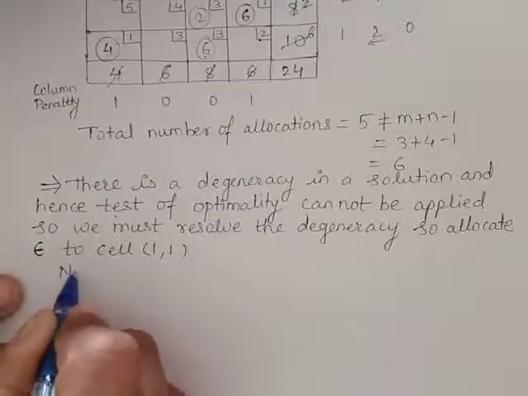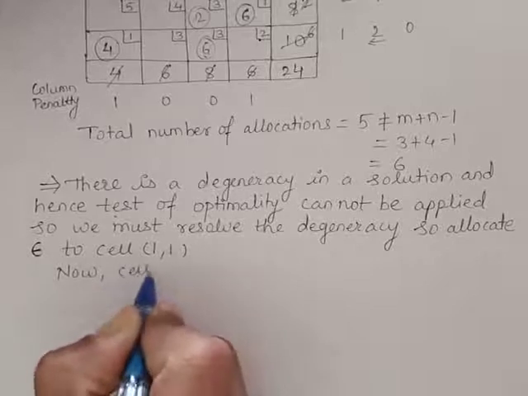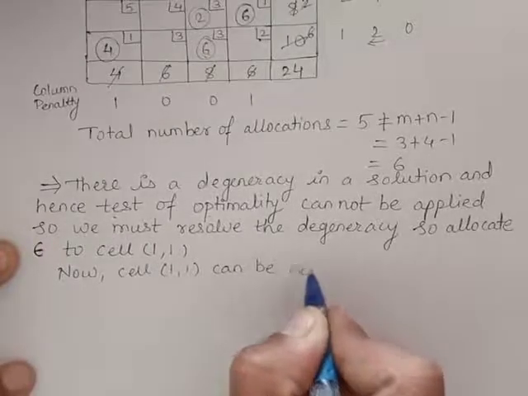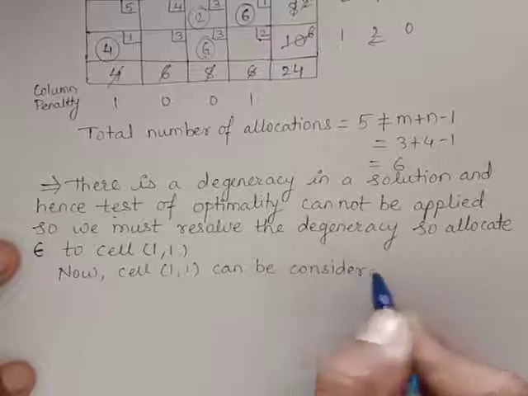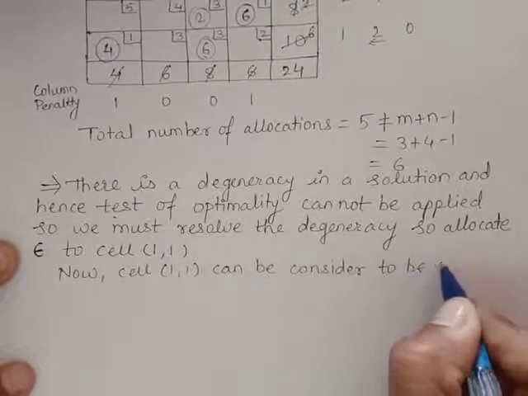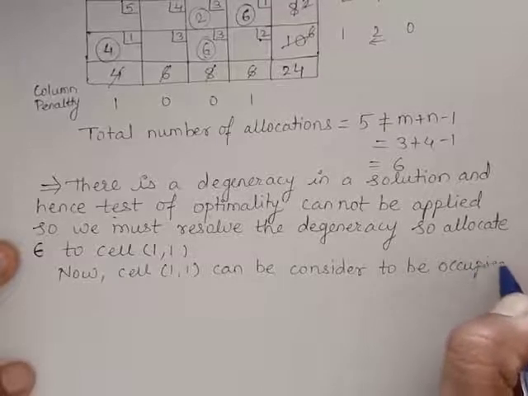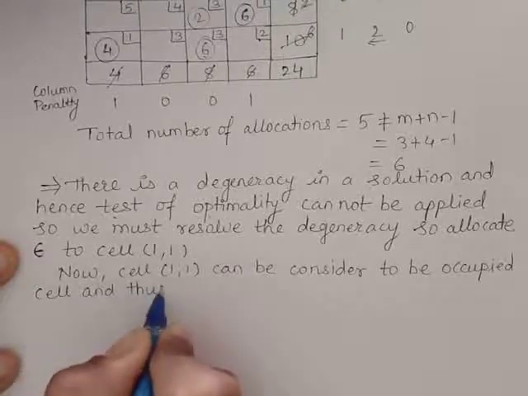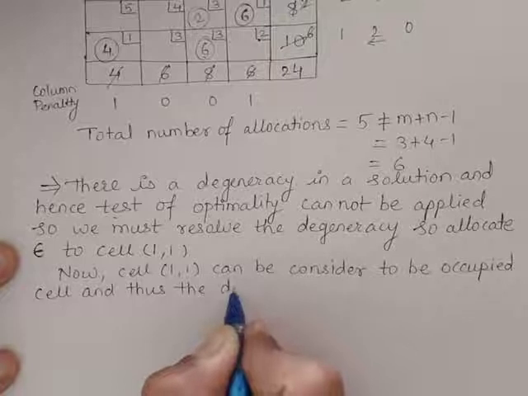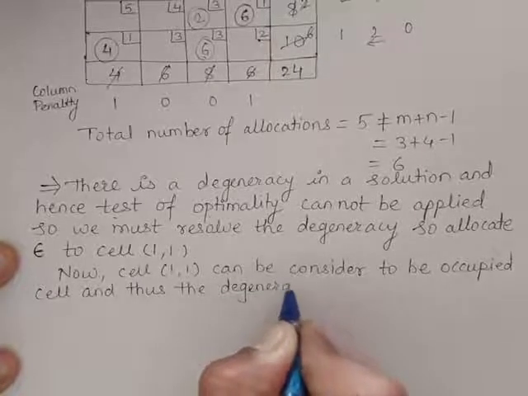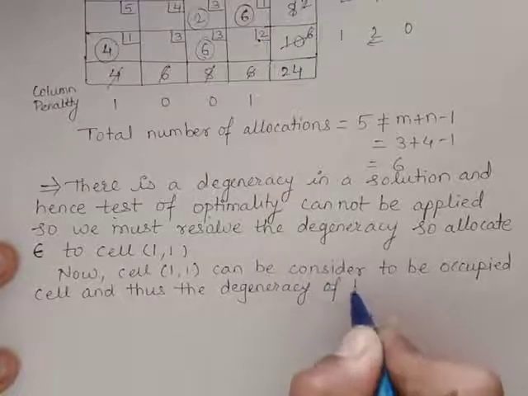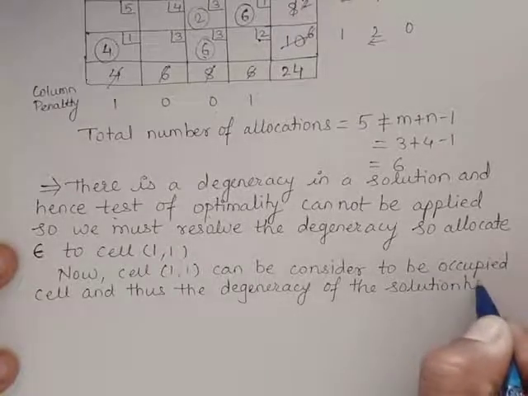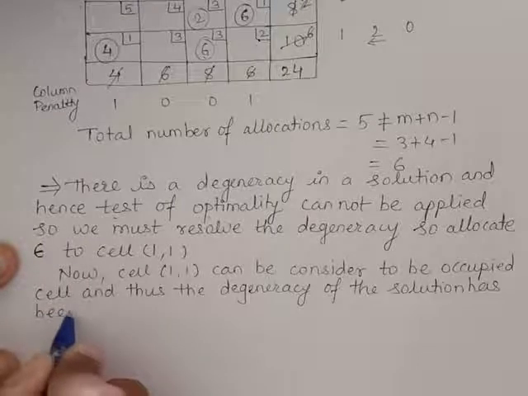So now cell 1 1 can be considered to be an occupied cell, and thus the degeneracy of the solution has been resolved.